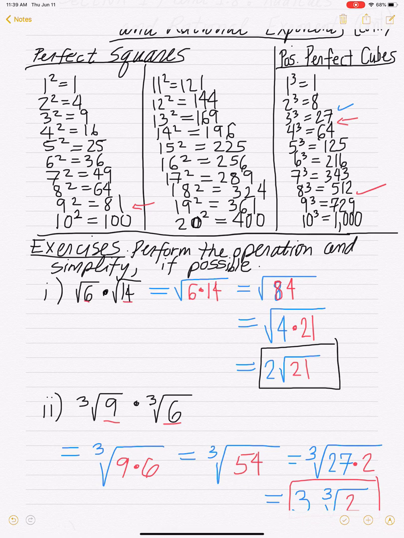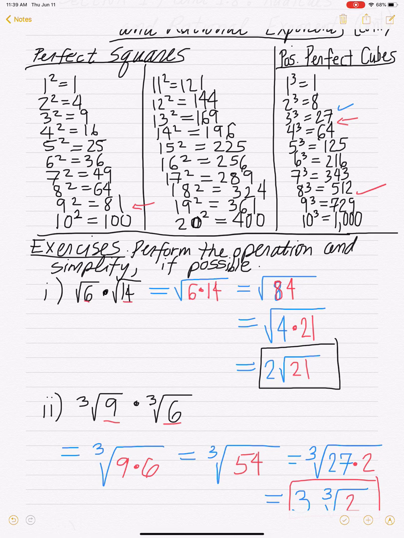Is 686 divisible by 125? No. Is 686 divisible by 216? No. Is 686 divisible by 343? Yeah. 343.